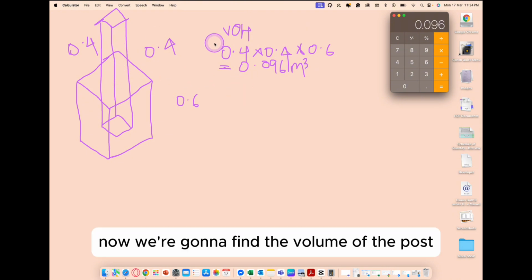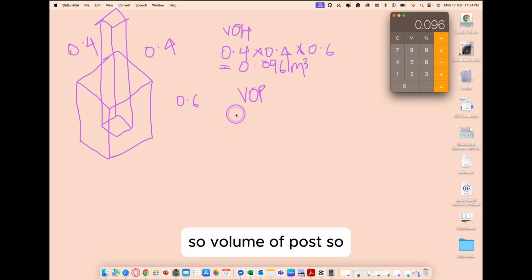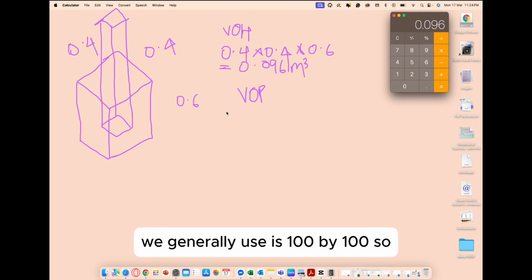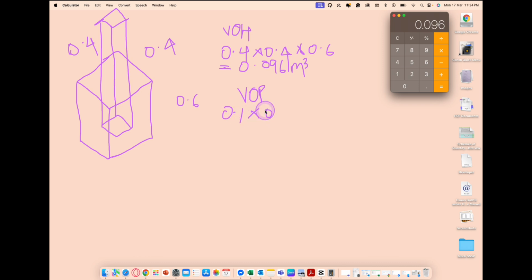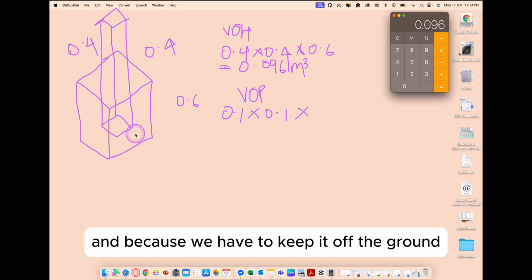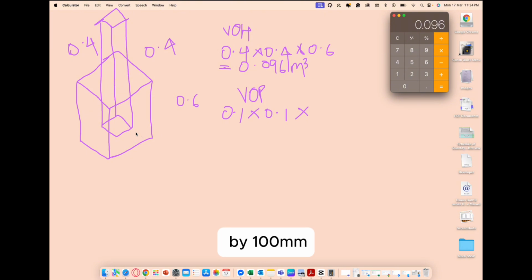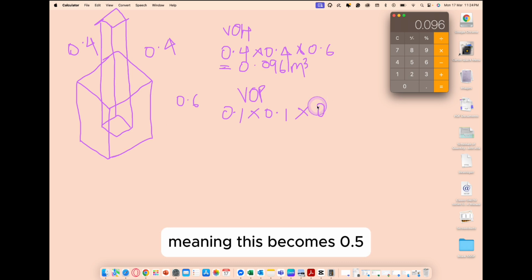Now we're going to find the volume of the post. So volume of post. So the dimensions of the post we generally use is 100 by 100. So we're going to change it into decimal. 0.1 times 0.1 times, now remember this is 600 deep, and because we have to keep it off the ground by 100 mils, so we're actually short by 100, or 0.1, meaning this becomes 0.5.